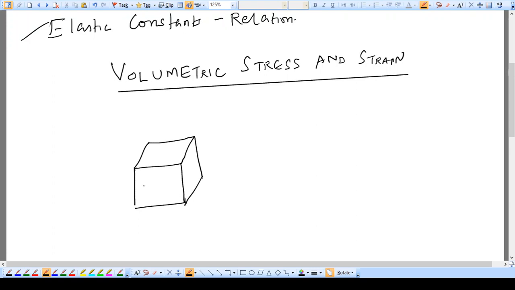This cube is subjected to equal stresses in three mutually perpendicular directions. So let the stress value be sigma.